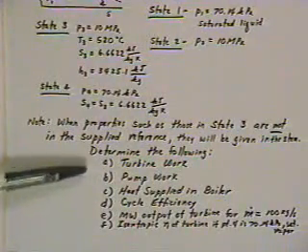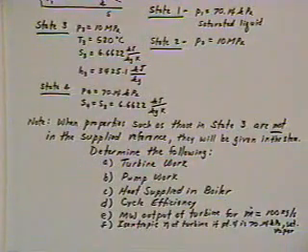Now, if you have something like this on the FE exam, what's likely to happen is that you might be given a cycle and you may be asked to determine 1 or 2 or 3 of these different values, and you very likely would not ever have a problem where you'd have to calculate all 6 of them.